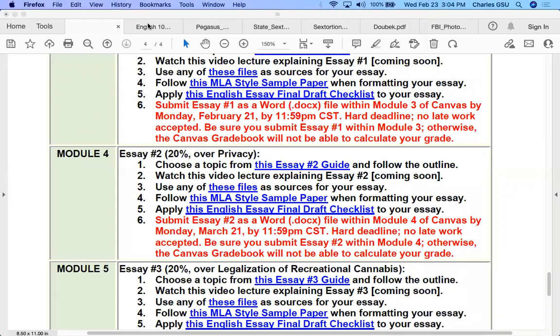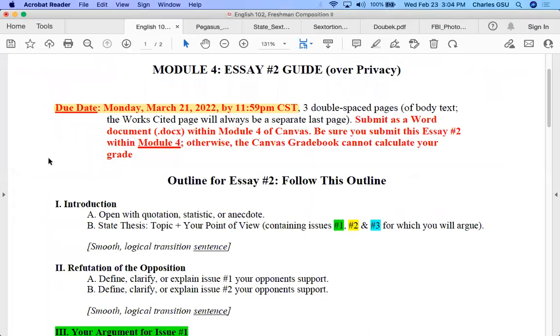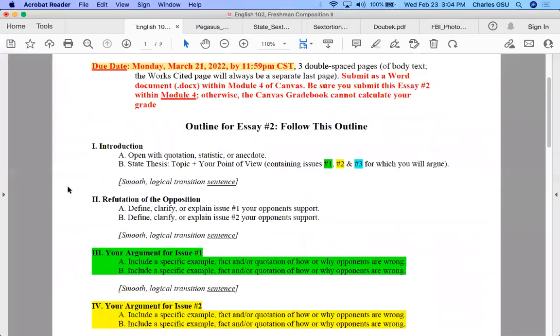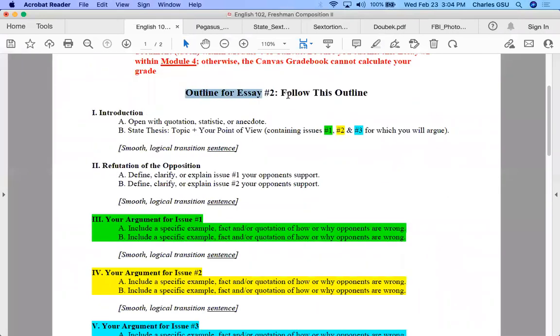So I'm going to remind you that aside from it being due on March 21st, essay number 2, like essay number 1, uses the exact same outline.